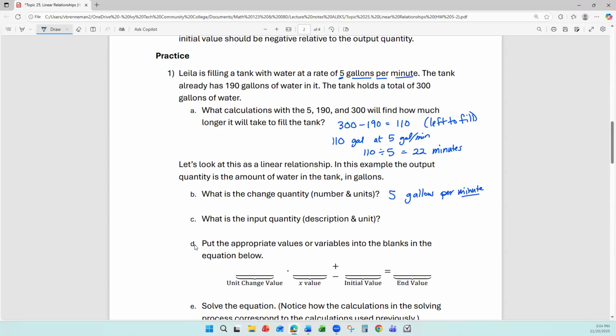We don't have a number of minutes given in the question, but this would be the number of minutes, and also a number of minutes that Layla has spent filling the tank.